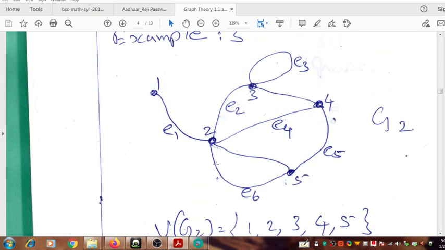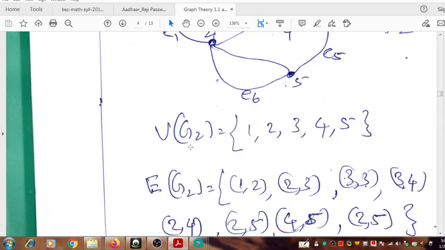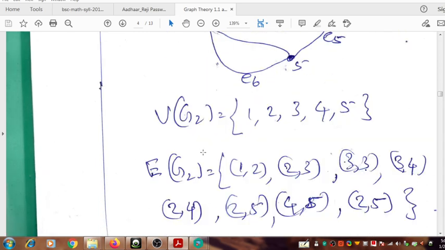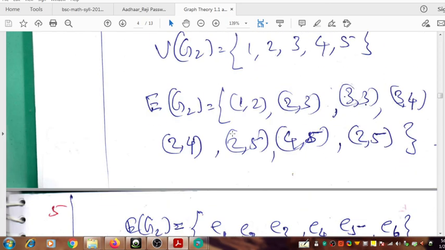The edge set in the graph consists of E1, E2, E3, E4, E5, and E6. These edges you can write either using those labels or using unordered pairs of vertices, and that is used here.